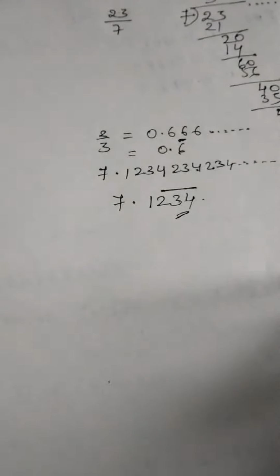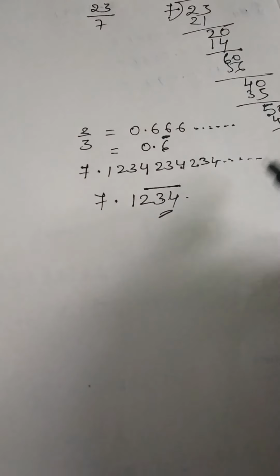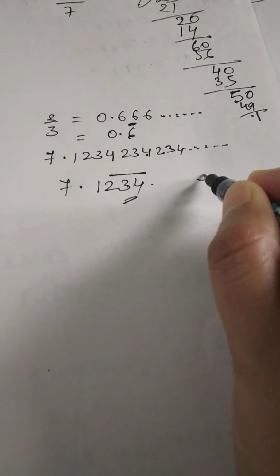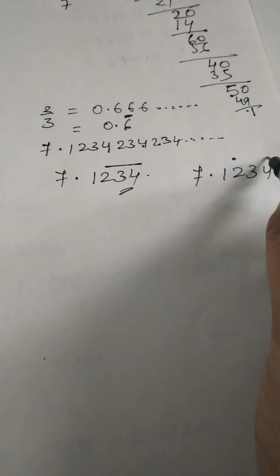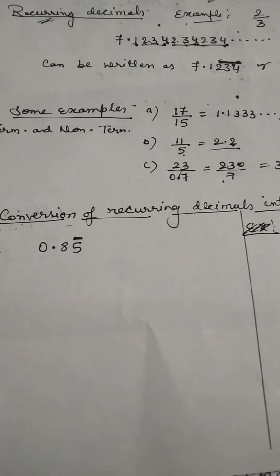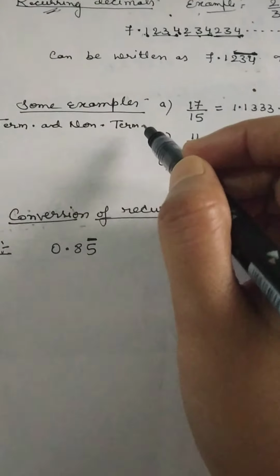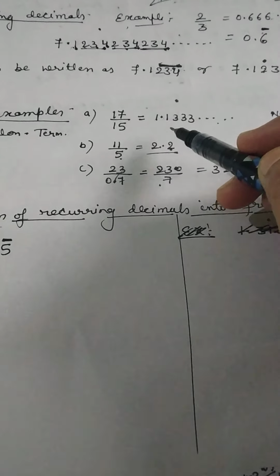This kind of decimal is known as a non-terminating recurring decimal. Okay, and one more way to write it, 1 2 3 4, and above 2 and 4, if we give this 2 dot, this shows that 2 3 4 is repeating. Either you can give a bar or this 2 dot. Got it? Now we have some examples to find out which are terminating and which are non-terminating decimals.